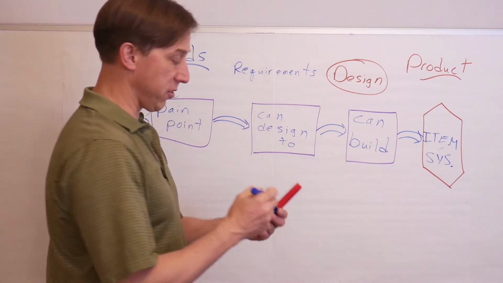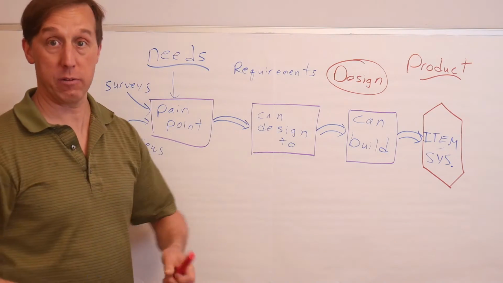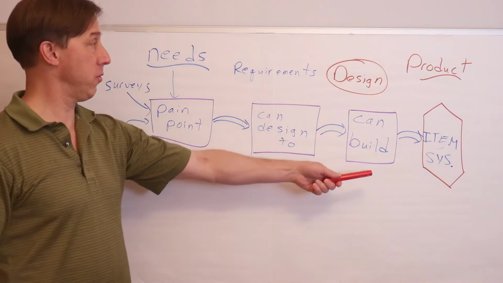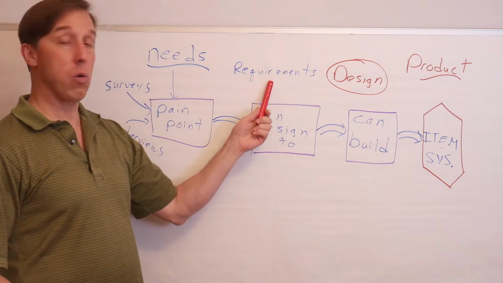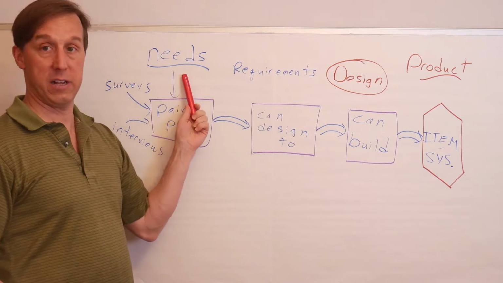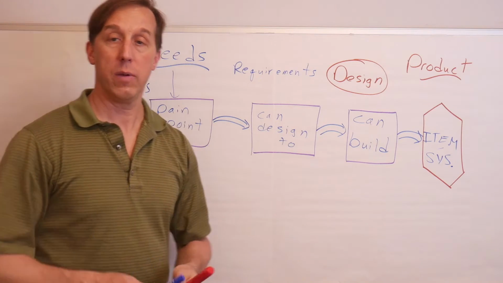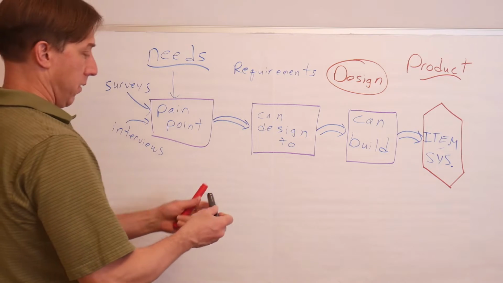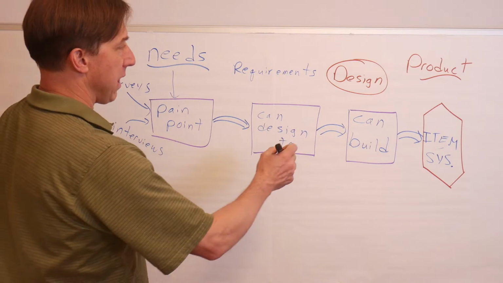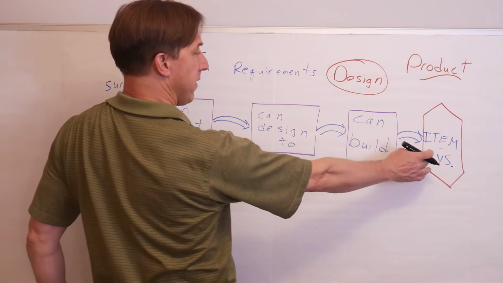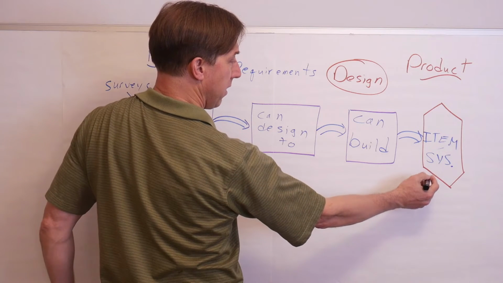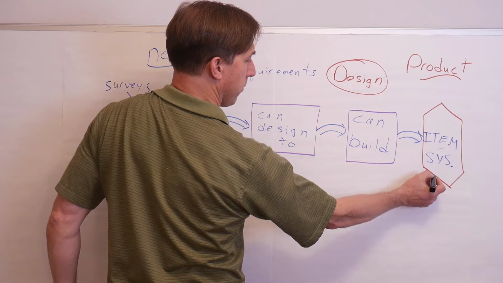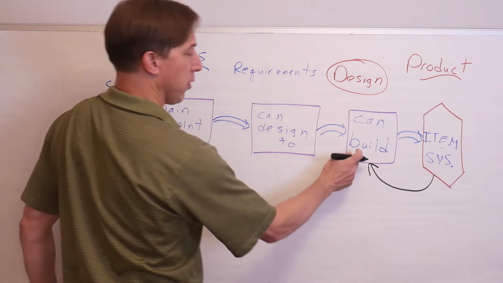Now this item or system, now we can test that. We can run tests because this item or system has to meet our requirements and ultimately satisfy the needs. So here's where we have some feedback going in. I'm going to do this in black here, but now that we test it, we can verify. I'm going to draw these lines down below. First, we verify that the system was built to print.